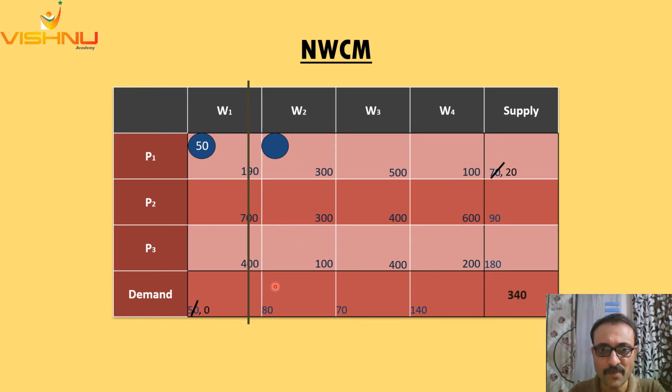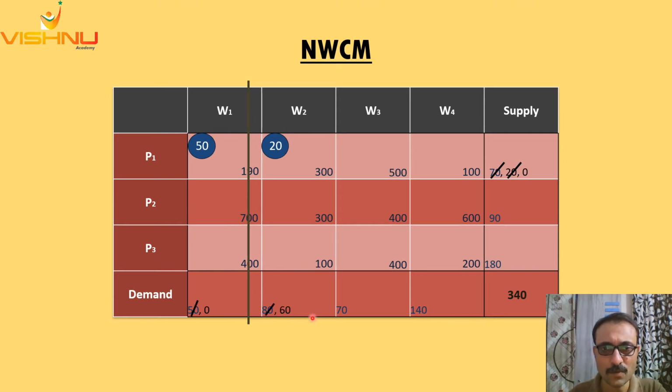We have a maximum of 80 units in the column and a maximum of 20 units in the row. So at most we can transport 20 and nothing more than 20. So we put in 20 inside the oval. The 20 in the total of the row comes down to 0 since it has got reduced by 20, and the 80 in the column total comes down by 20 and comes down to 60.